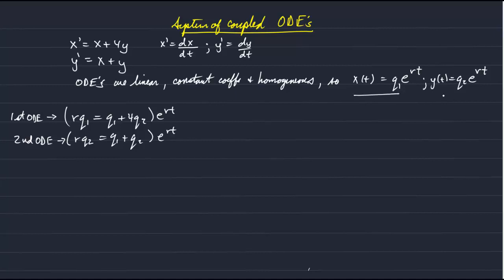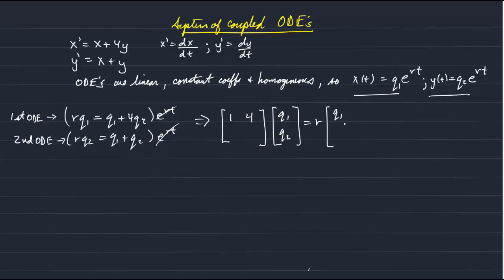So again, we've just substituted these expressions in for x and y into these equations, and we have these two coupled equations. And if we cancel out the e to the rt, we can write this system of equations as a matrix equation of [1, 4] times q1 and q2 being equal to r times q1.